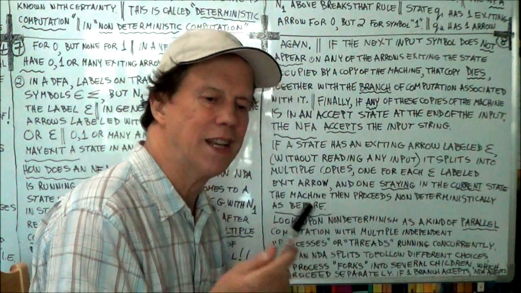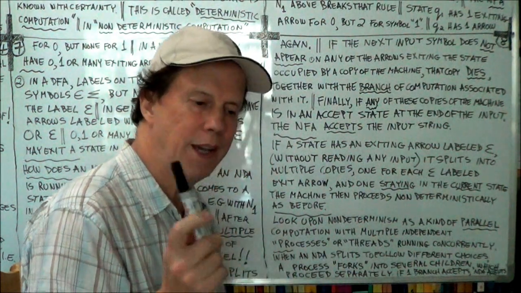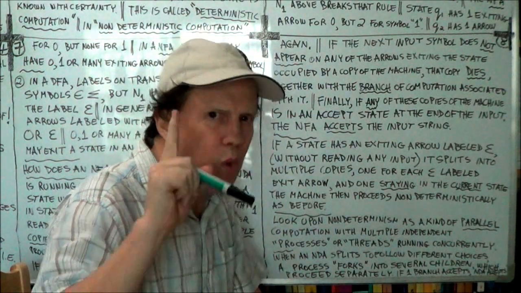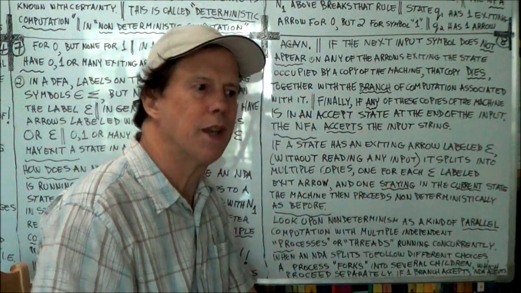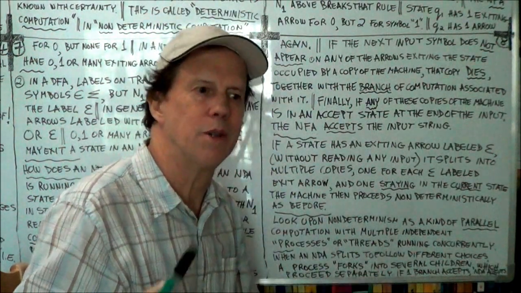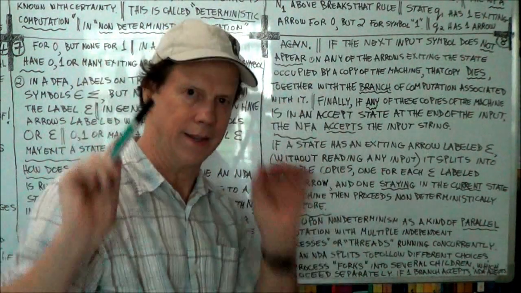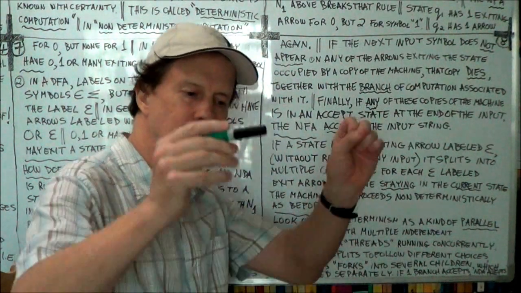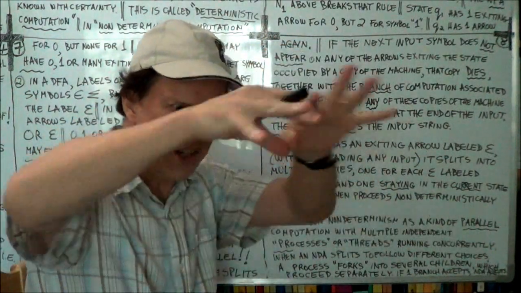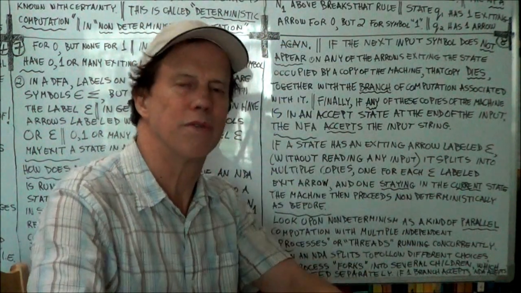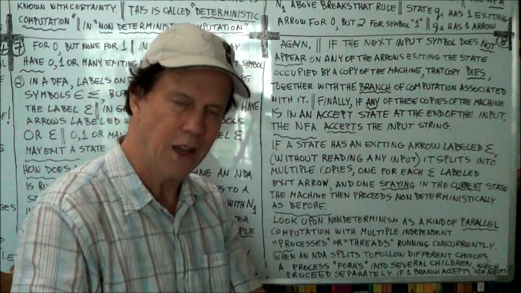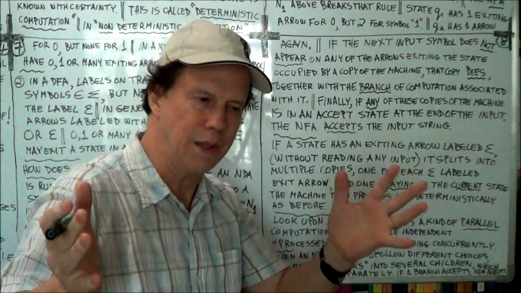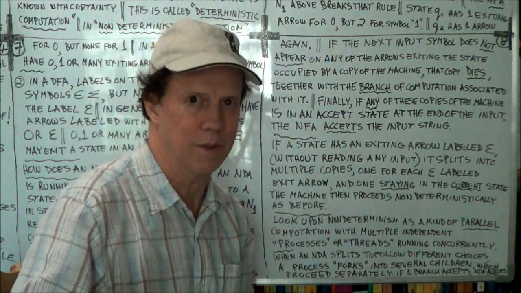How does it accept a string? Well, the answer is if just one of those branches accepts, the whole tree accepts. In other words, the whole NFA says accept. That's the essential idea. So imagine an NFA as a sort of branching structure; each branch, and if one of them accepts, the whole thing accepts. And that's how an NFA computes.